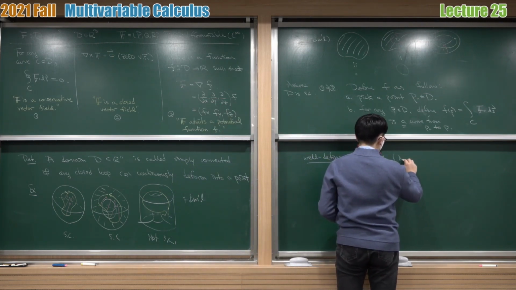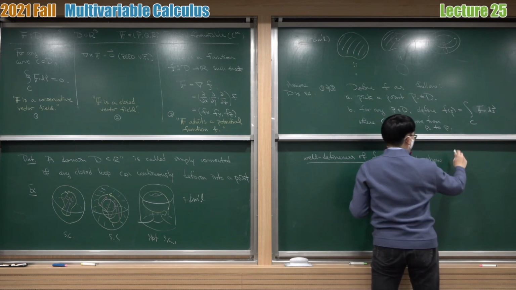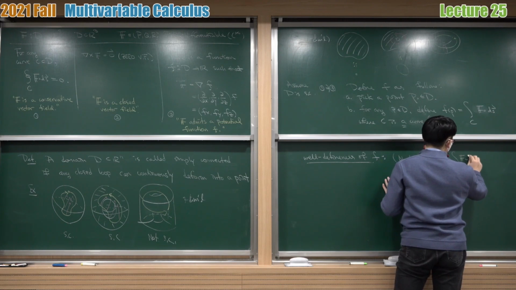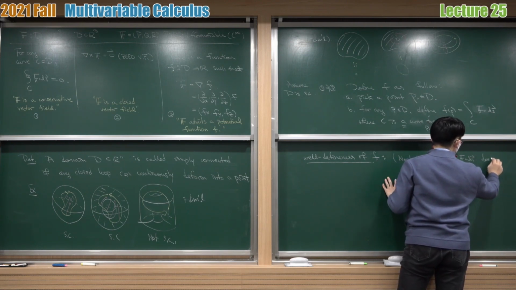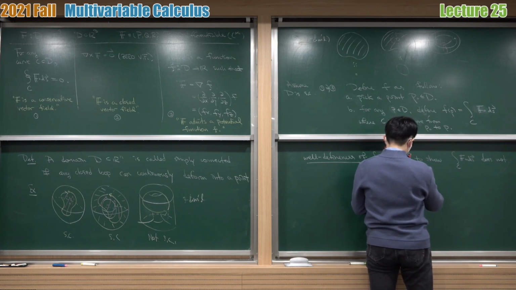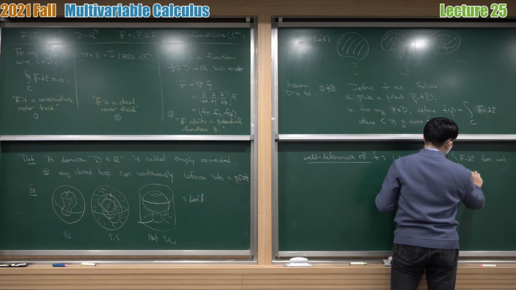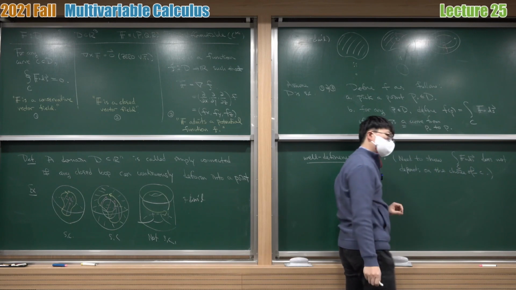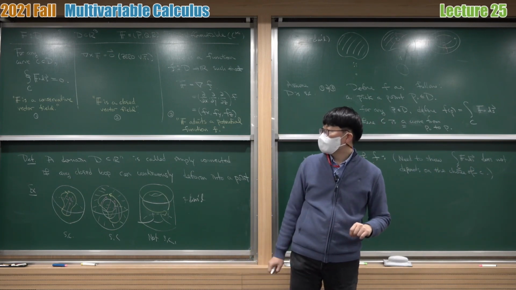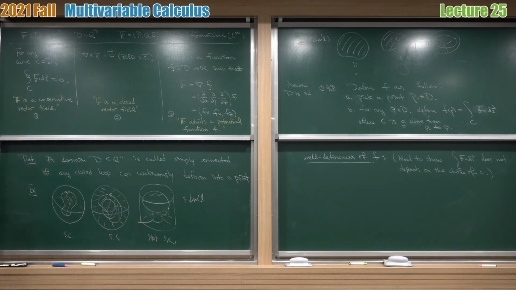You need to show this thing does not depend on the choice of C. Okay? So now let's go back to our basic definition. We have to use this assumption we haven't used yet. Okay? So it says that it's always the same.